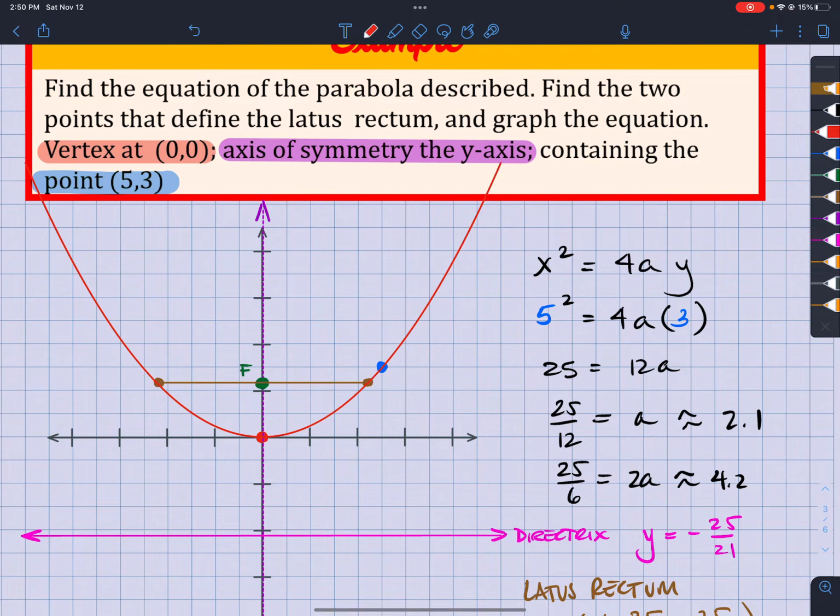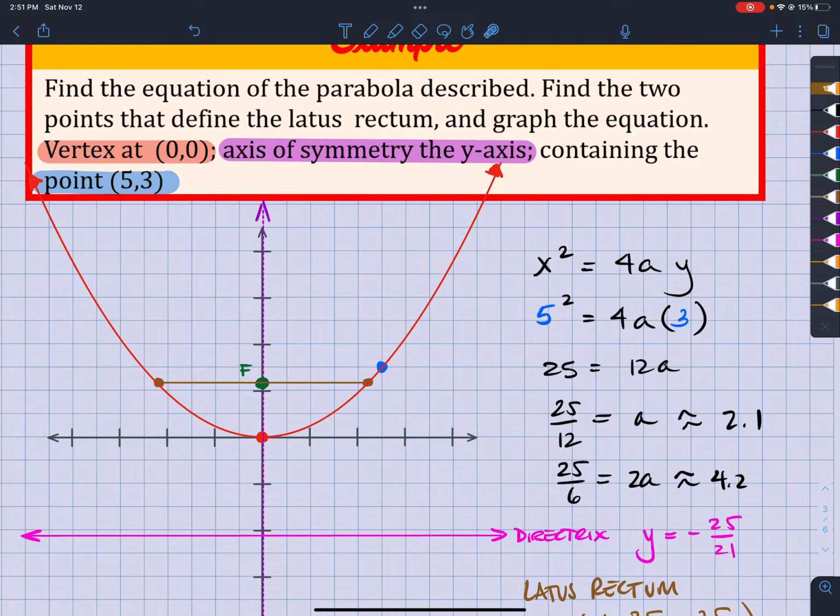There we go. All right. So again, the information is all given to you. You just got to figure out how to find my A and my 2A so that I can start graphing.